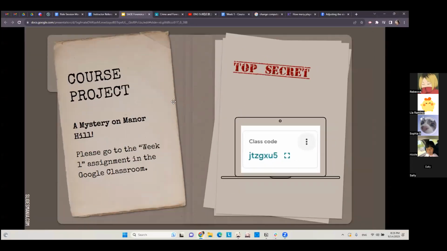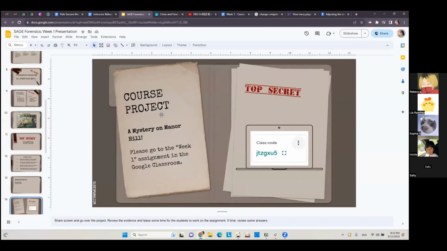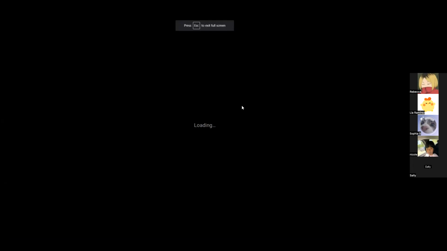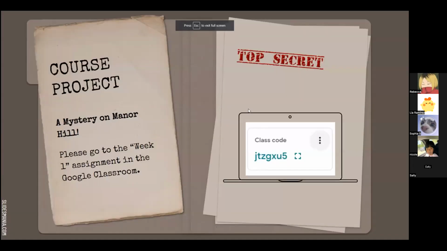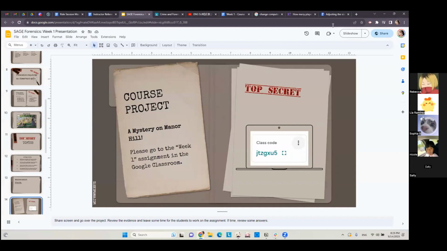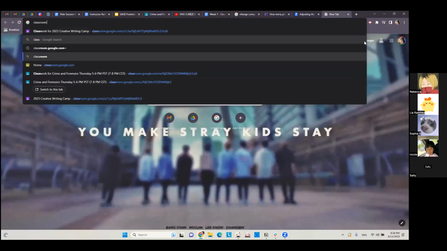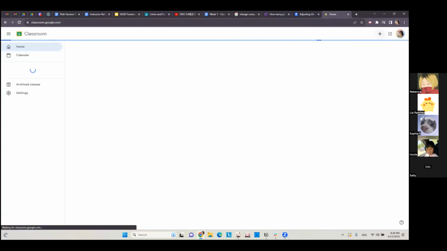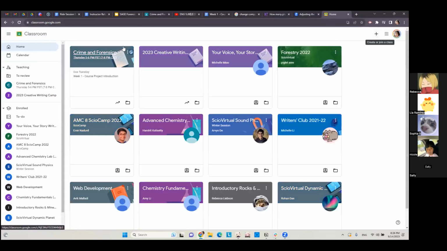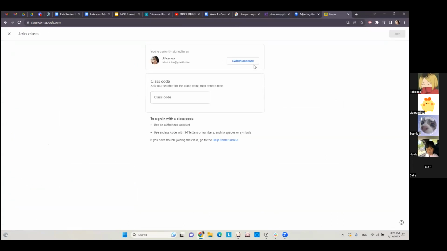So we're going to head to Google Classroom. If you guys have the chance to, here is the code for the Google Classroom. I can show you guys how to get into it. If you go to Google Classroom, you can join a class right here. This is a lot of classes. But you click here and you click join a class.